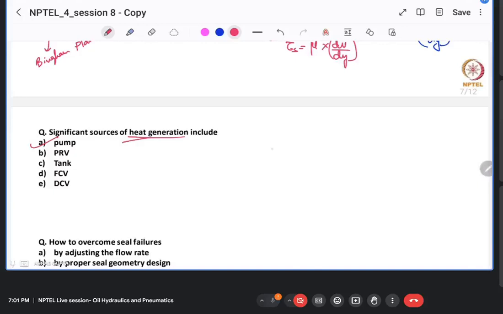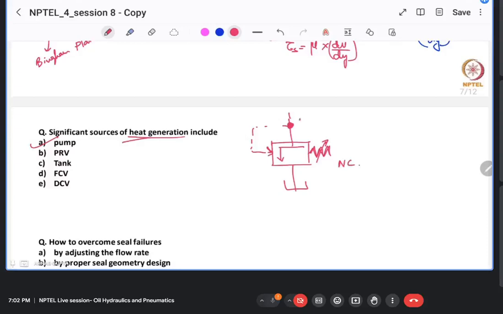If you look at the PRV, the pressure relief valve, it is a general fluid power representation. This is your system pressure. It leads the system pressure, and it has a spring. That spring keeps the line normally closed, NC.